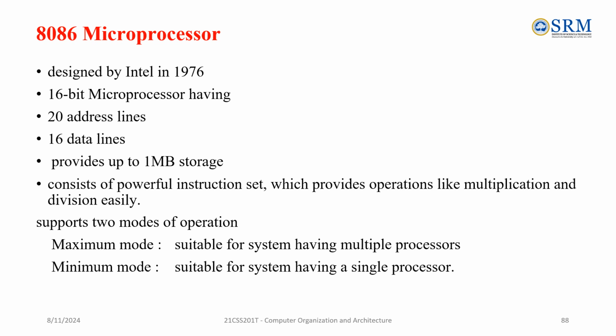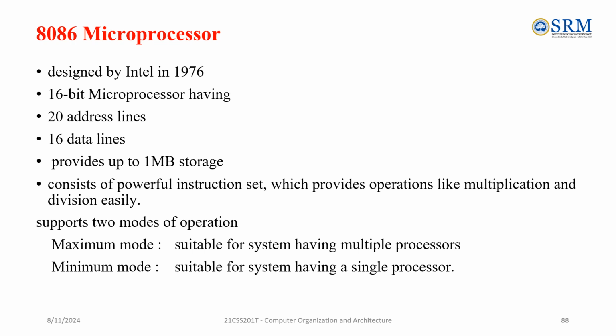So 8086 is one of the initial microprocessors designed by Intel in 1976. It is a 16-bit microprocessor having 20 address lines and 16 data lines. It provides up to 1 MB of storage. Maximum mode is suitable for having multiple processors.